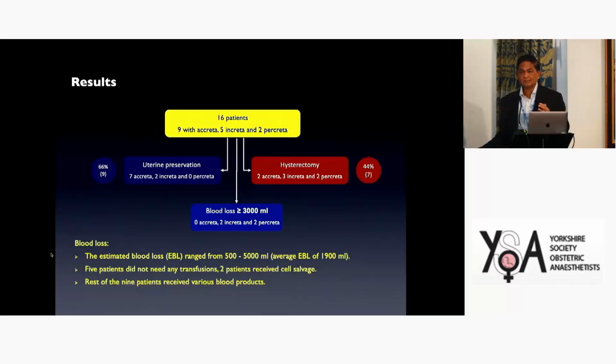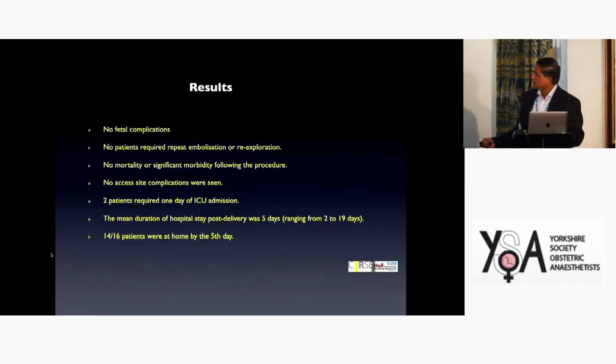In 60% plus of these patients, we were uterine sparing at the end of the procedure. Blood loss of greater than 3,000 mL was in about 25% of the patients. There were no fetal complications, no re-embolization or re-exploration because we did it in that staged manner, and no access site complications.